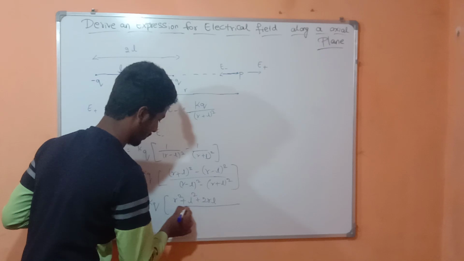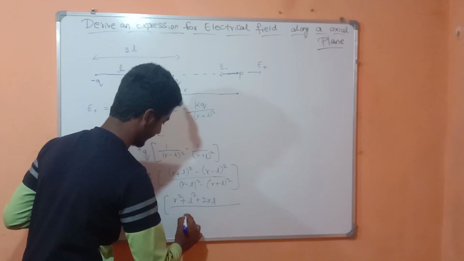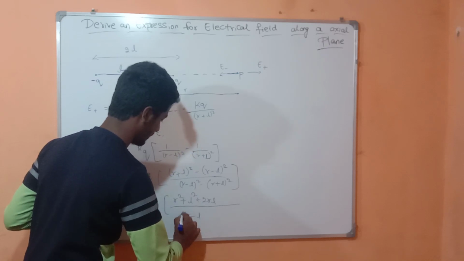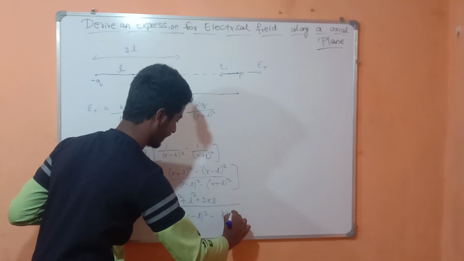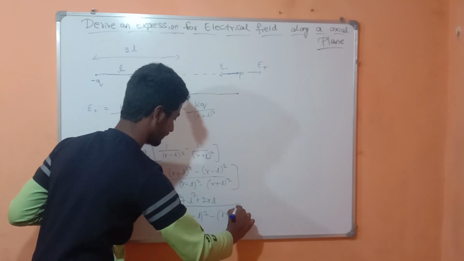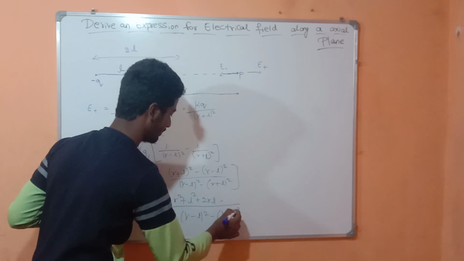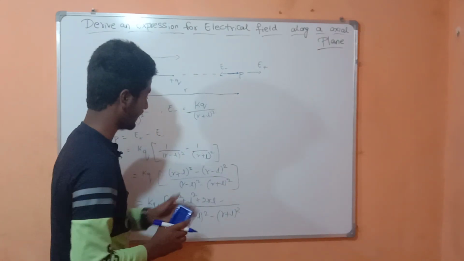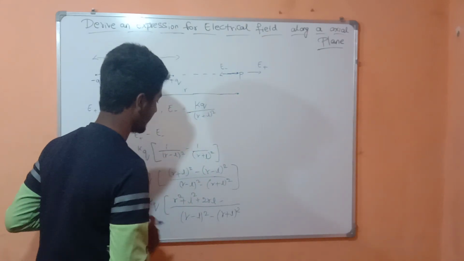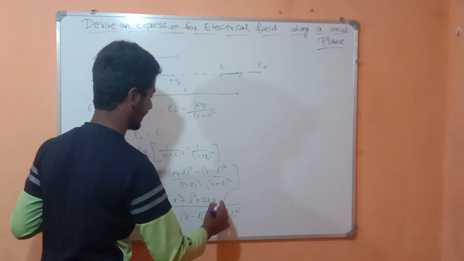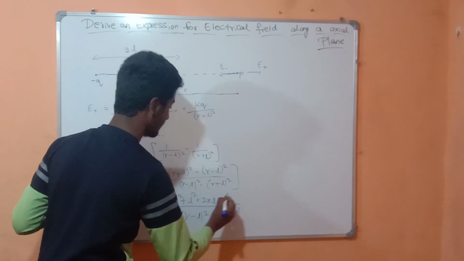Let me write the denominator part here. It is as it is: (R minus L) whole square into (R plus L) whole square. The negative symbol stays as negative. Let me consider A minus B. It is of the form (A minus B) whole square. What is (A minus B) whole square? Let me open the bracket because there is a negative sign.